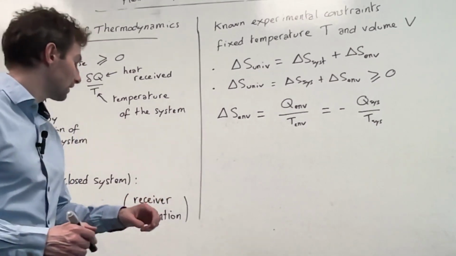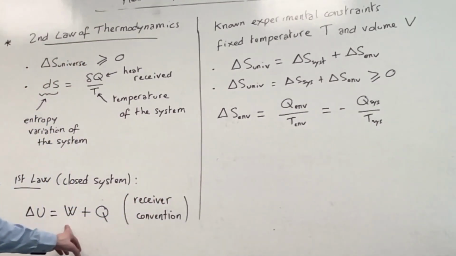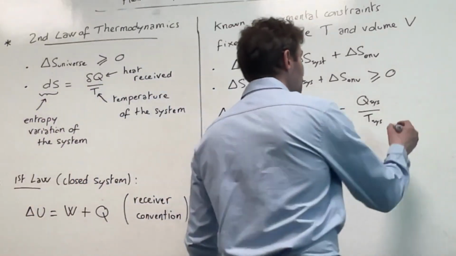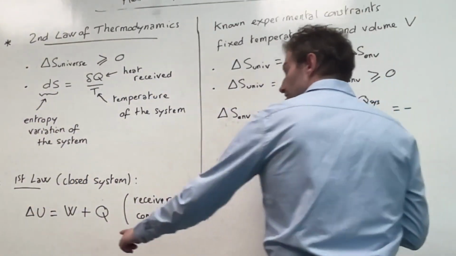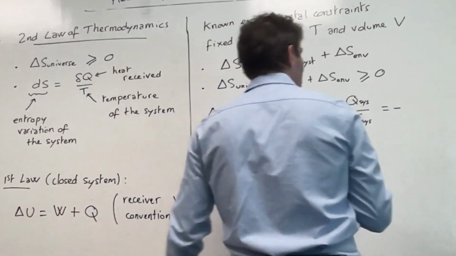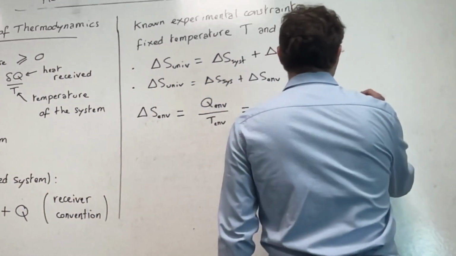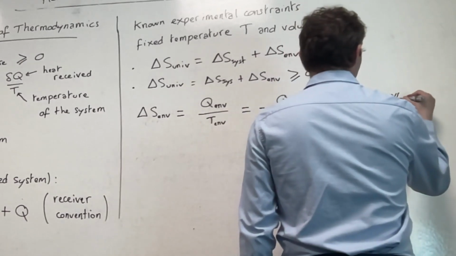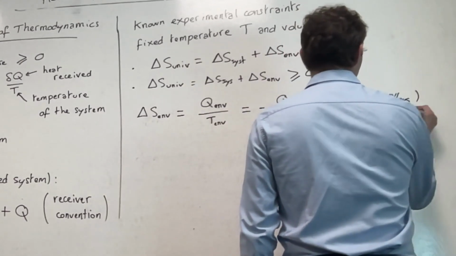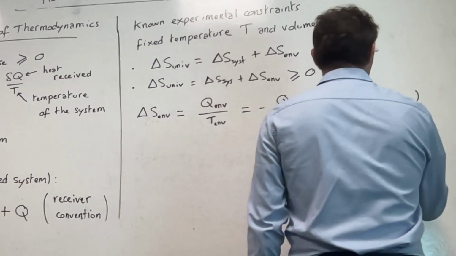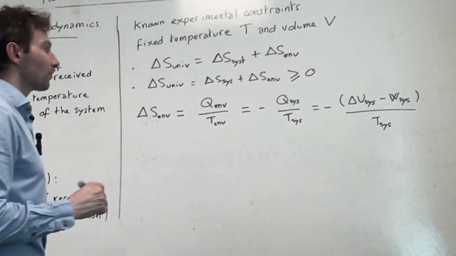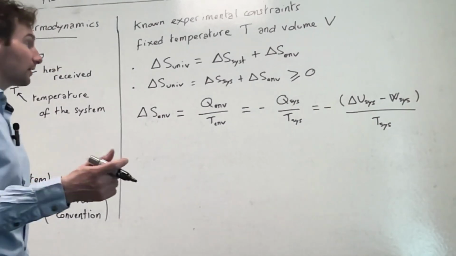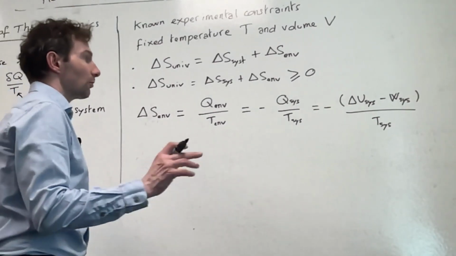So then what we do is we apply the first law. So I say, well, Q system is equal to delta U minus W. So I've got delta U system minus W system, divided by T system. Okay? And then I'm almost there.